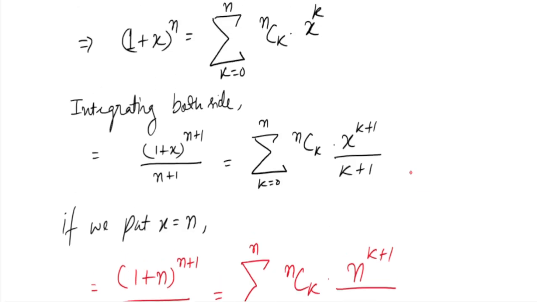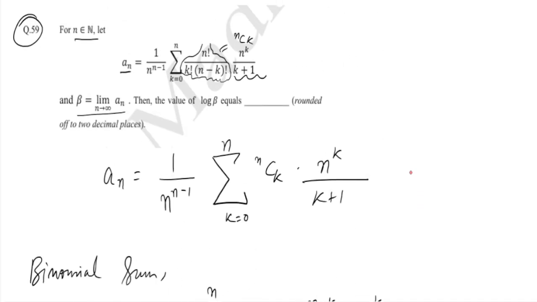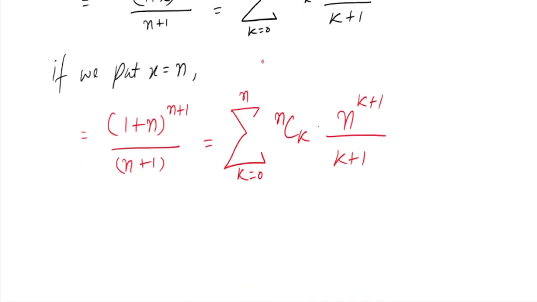Now if we observe the expression given in the question, we have nCk, we have n to the power k, we have k plus 1. Wait a minute, we have obtained the same expression, but it's n to the power k plus 1 over here. Never mind, we can just break this.